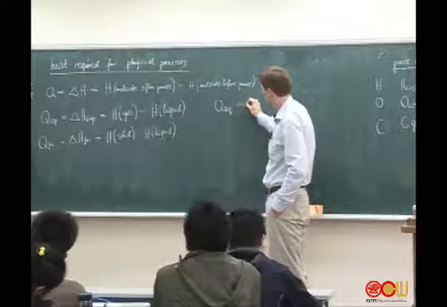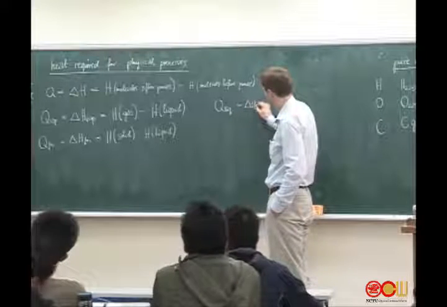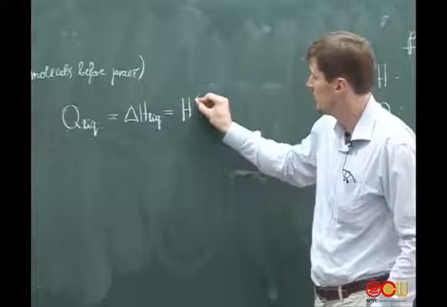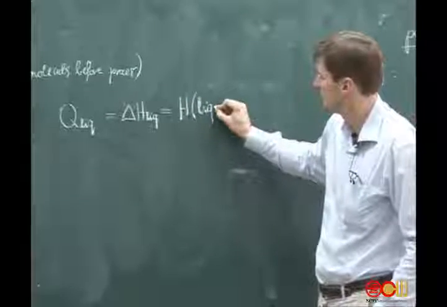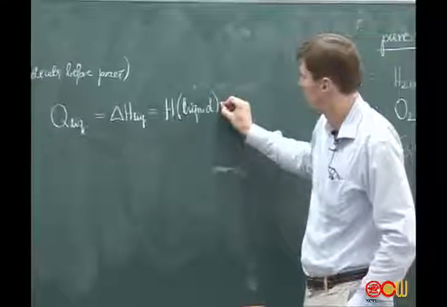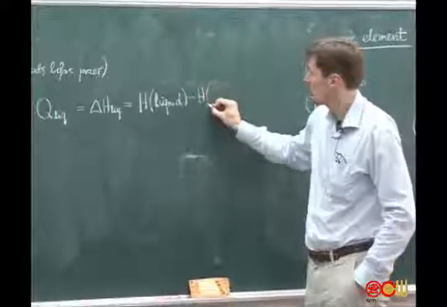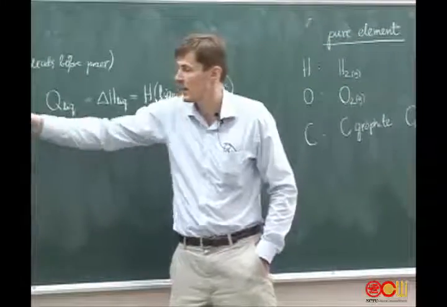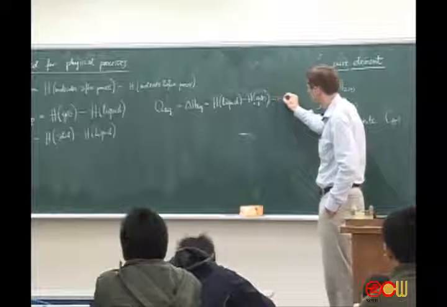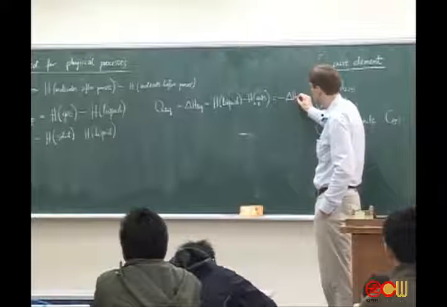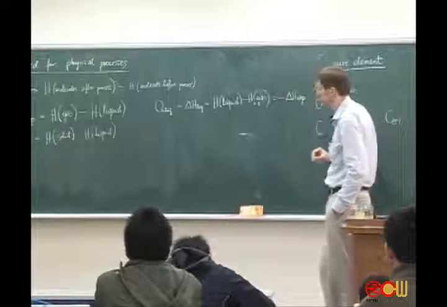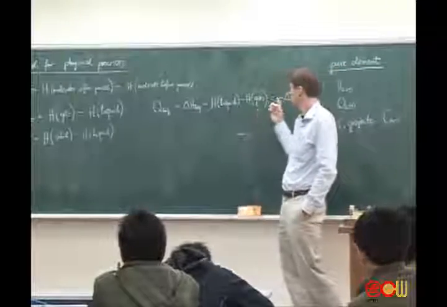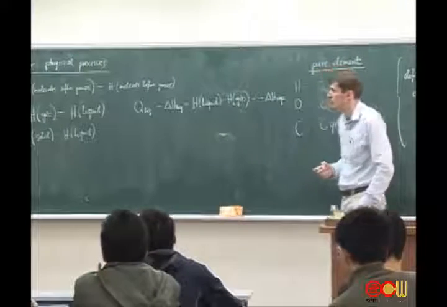And of course, there will be the enthalpy of liquefaction, which is the enthalpy of the liquid minus the enthalpy of the gas. And you see from this that it is exactly opposite to the enthalpy of vaporization. Okay, that's very nice, because I can use it with a different sign, for the process going in the right direction or the left direction.